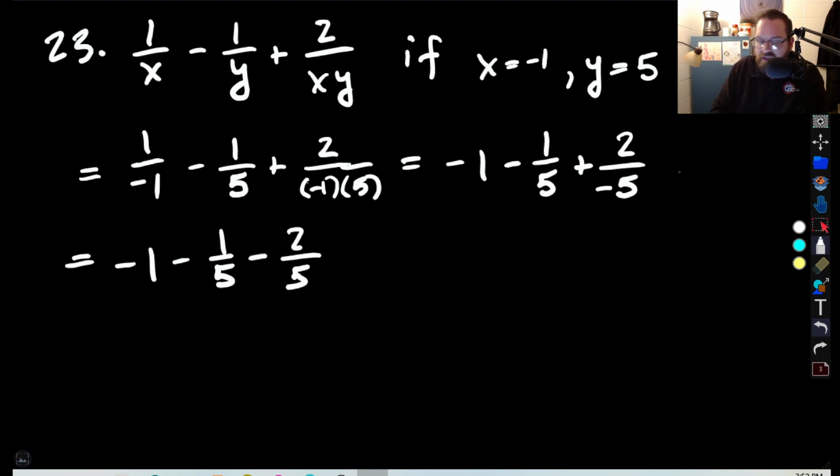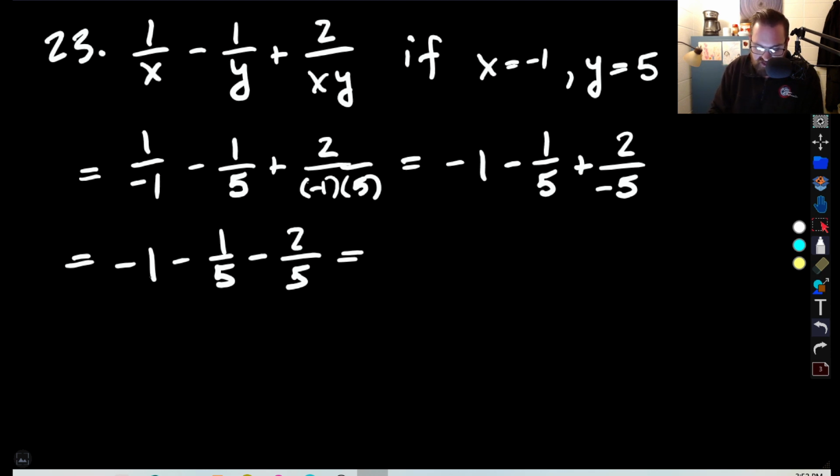You can bring that minus sign, if you have a single one of them, out in front and change the plus sign into a minus. And so, check this out. In the problem here now, I need to find common denominators. And you'll notice I've got a 5 here and a 5 there.